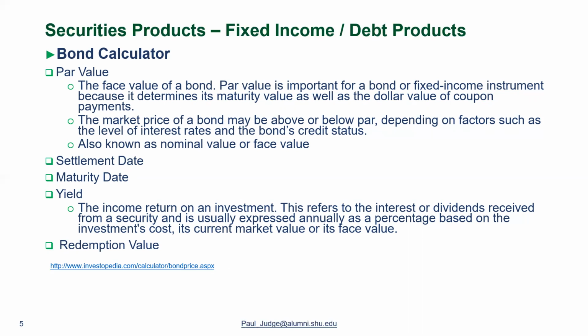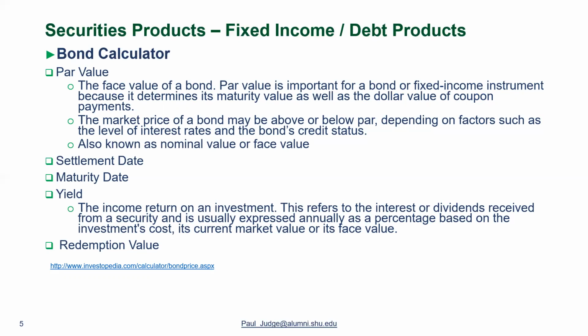They also have to look at what's the settlement date, what's the maturity date, and what's the yield. The yield is the income return on investment. This refers to the interest or dividends received from the security and is usually expressed annually as a percentage based on the investment cost, the current market value, or its face value. So there's a lot of things to be considered here.